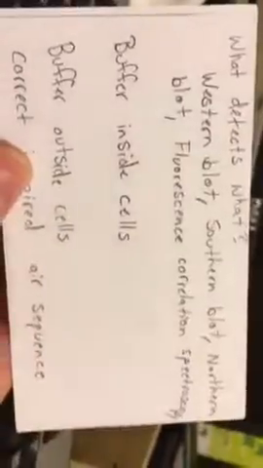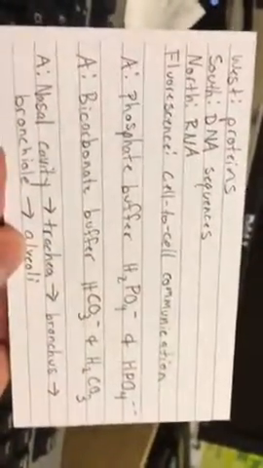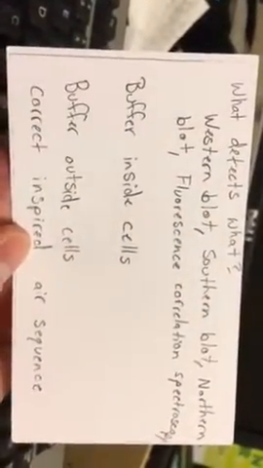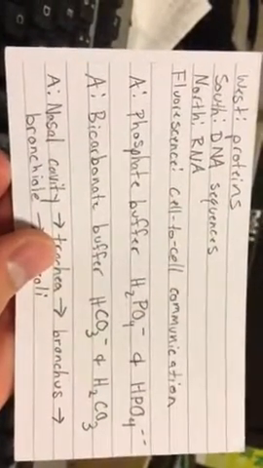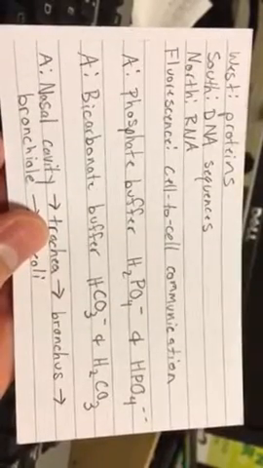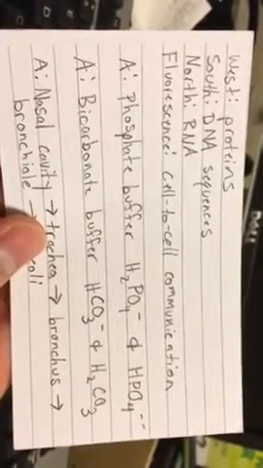Okay. Buffer inside cells, so that's inside cells with your phosphate buffer. Your bicarbonate buffer, however, is a buffer outside of cells. So that would be outside of cells in the body. Bicarbonate buffer is the HCO3 minus and H2CO3. Let's discuss the correct inspired air sequence.